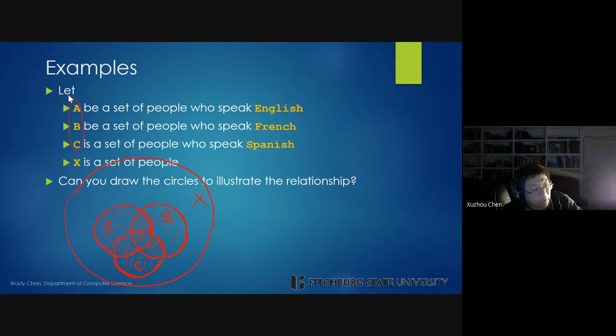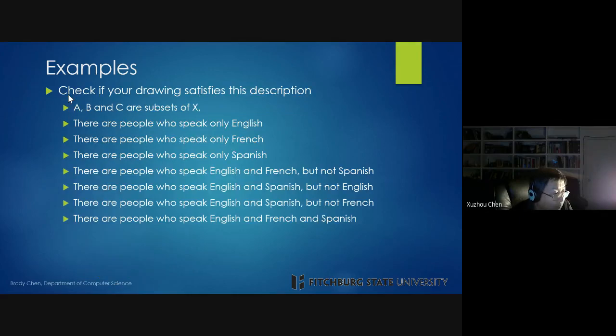So I think that if you use the circle diagram, you can easily draw the relationships. So this is actually it. When you draw this, you need to check whether A, B, and C are subsets of X. Yes, that's true, so we did that one, right?